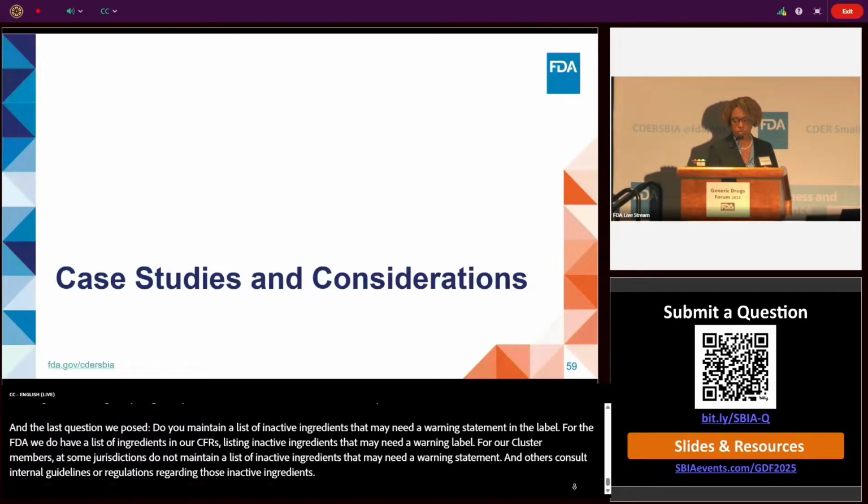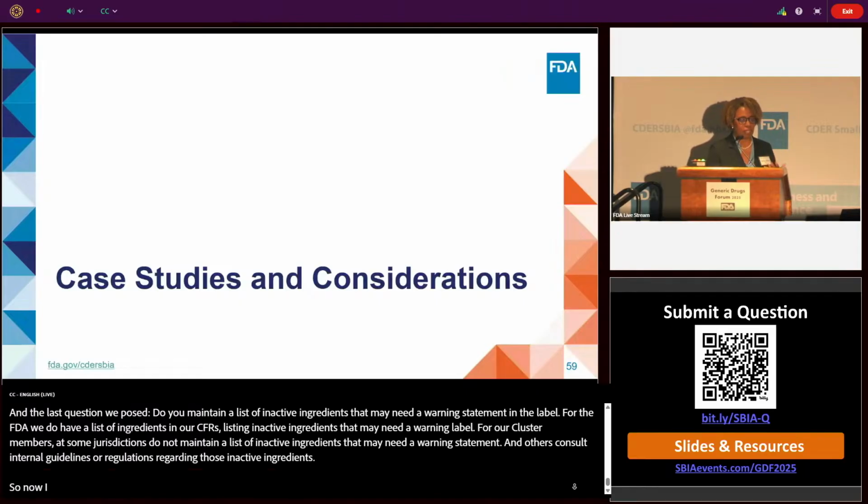So now I want to jump into some case studies and considerations based on the questions that we posed to our sister regulatory agencies within the cluster.